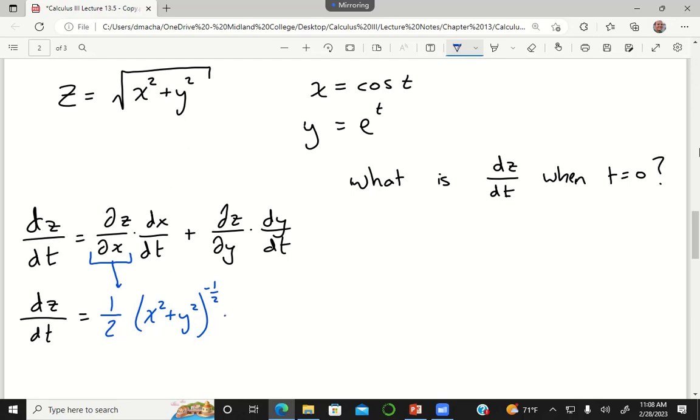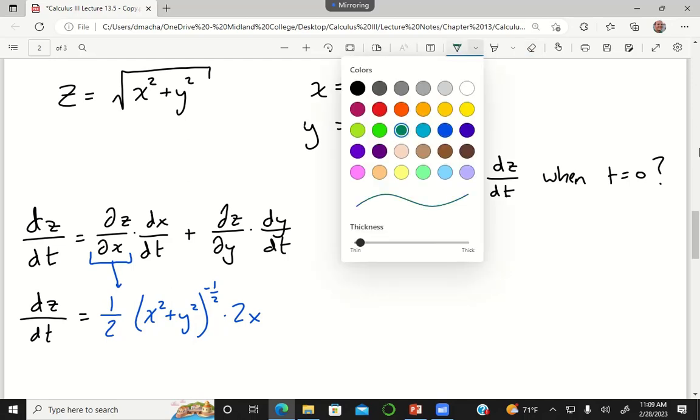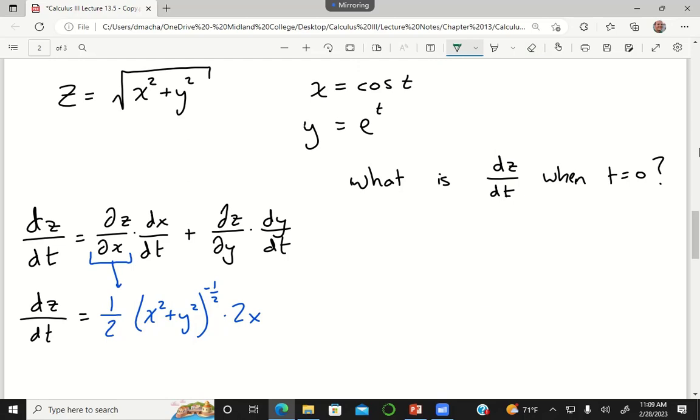Then, times 2x because of the chain rule. So then those 2's cancel. And I can simplify on the next line. Then we have to multiply by dx dt. What is dx dt? Negative sine of t.